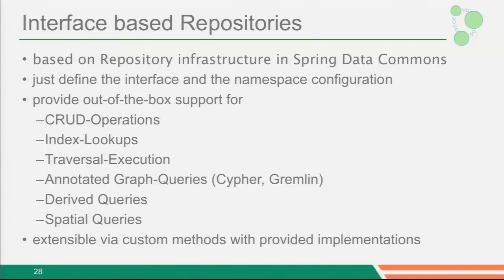The repository abstraction that we support is located in Spring Data Commons, so all Spring Data projects can benefit from that infrastructure. And as you've seen in other talks, certainly, you just define an interface and configure the namespace, and then you get out-of-the-box support for CRUD operations, index lookups, traversals, and many other ways of interacting with the graph database. How does this look?